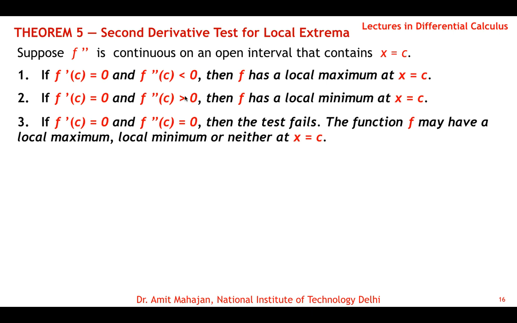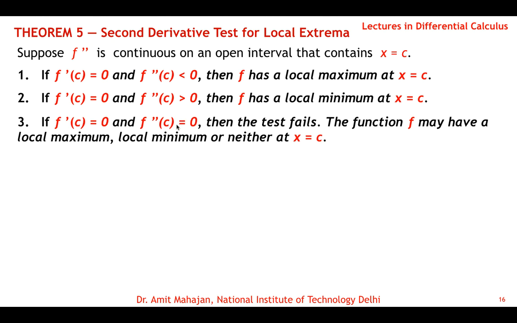Since the first derivative at c is 0, in that interval the slope was negative, which becomes 0 and then becomes positive as we move from left to right in the interval. So that immediately says that it has a local minima.